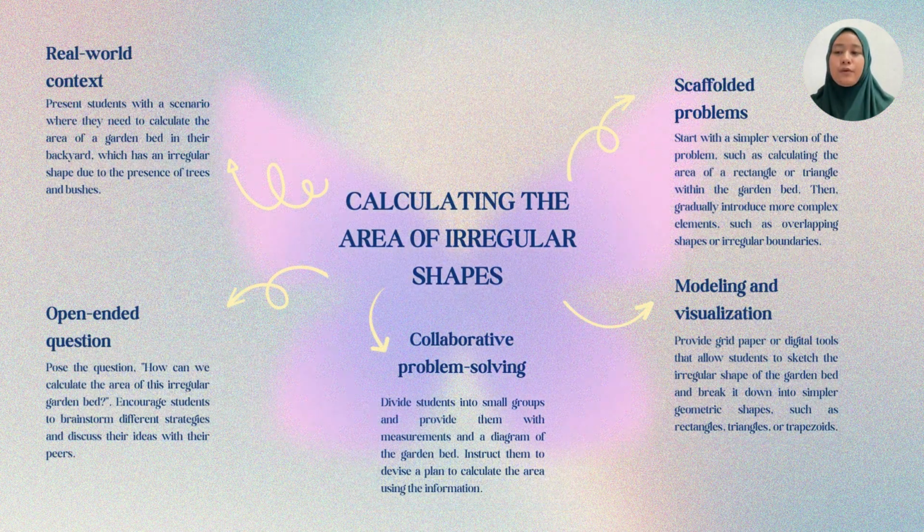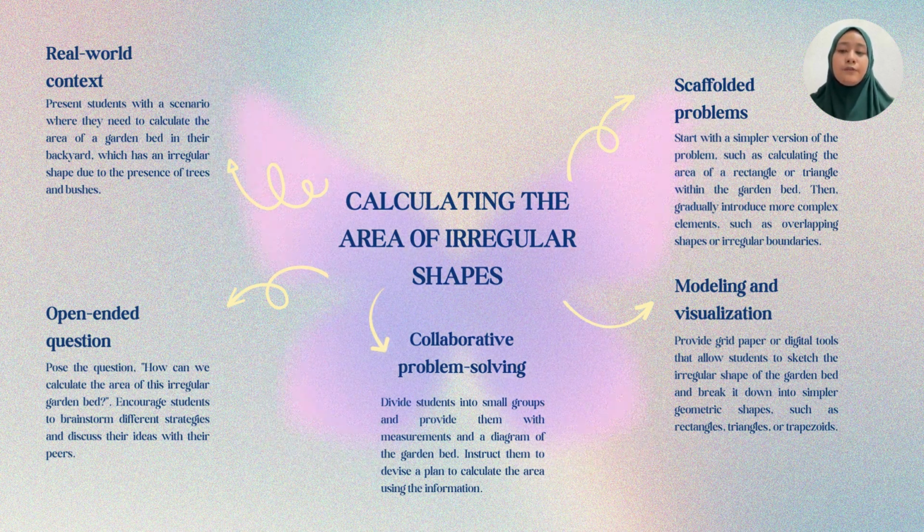Let's take a look at an example based on the strategies that we discussed earlier one by one. So let's take a geometry example. This example illustrates how you can integrate problem solving in the teaching and learning activities to enhance understanding among students. The example is calculating the area of irregular shapes.